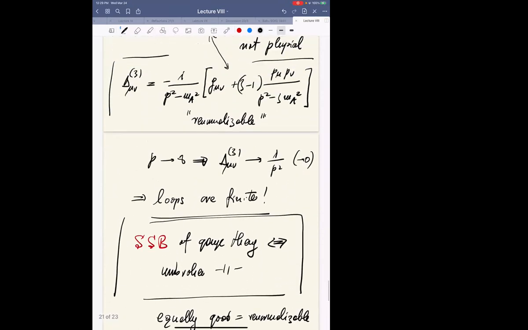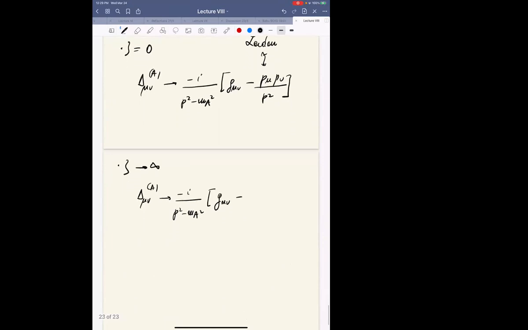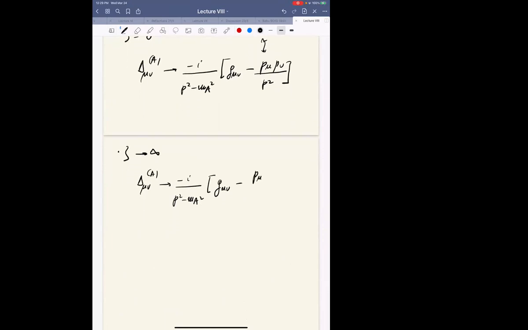Let's check again when psi is infinite. I can forget 1. I can forget P squared, psi cancels, and I get minus P mu P nu over MA squared.